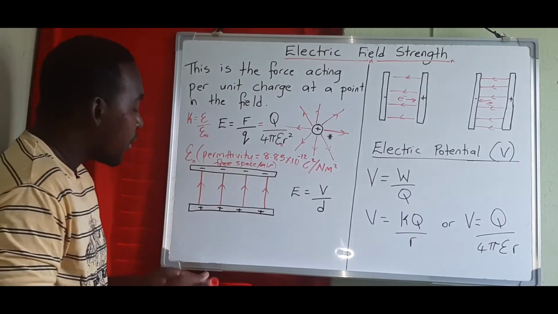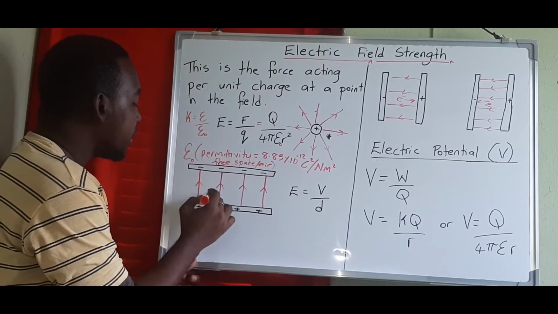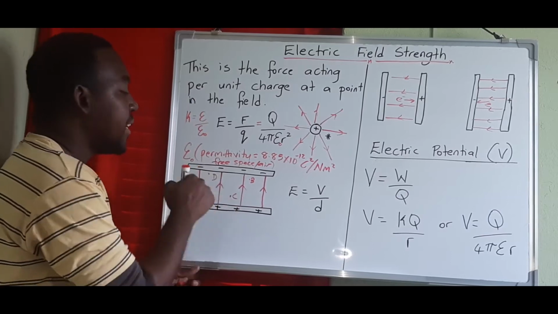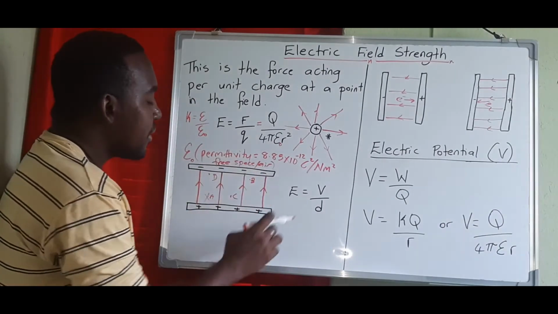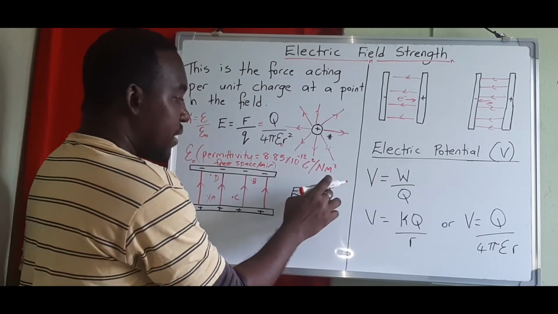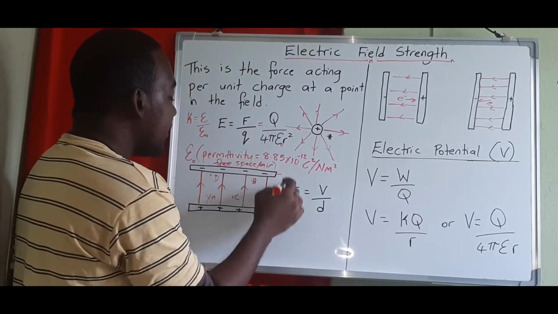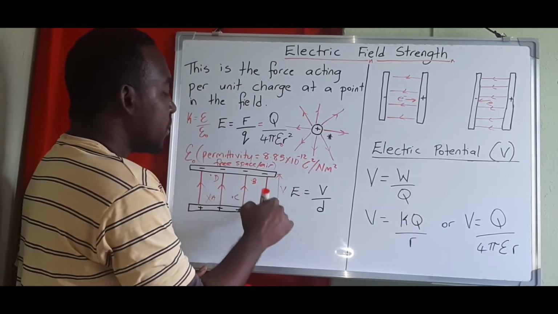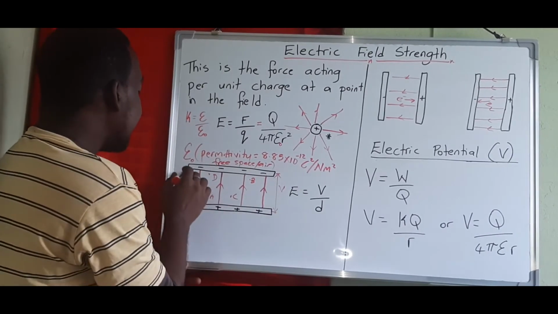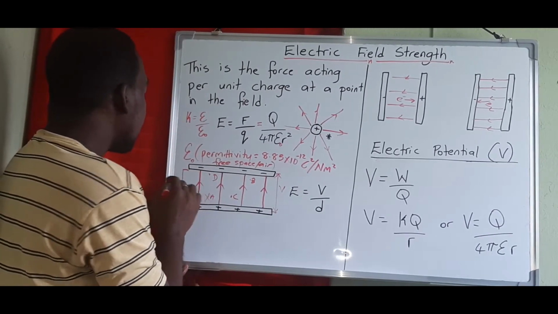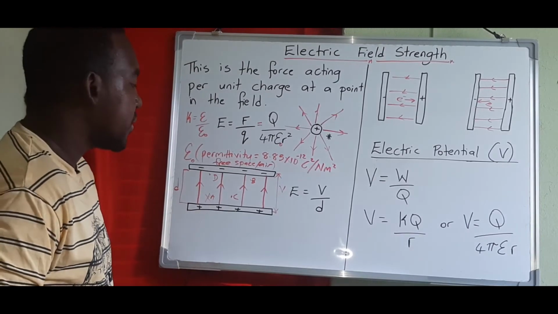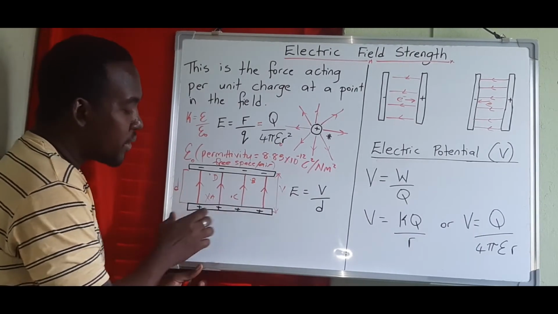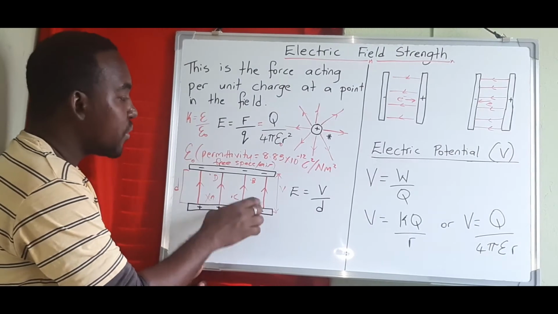At any point in this field, whether point A here, or point B, or C or D, at any point within the two plates, the electric field strength is V over d, where V means the voltage difference between these two charges, over the distance between the charged plates.